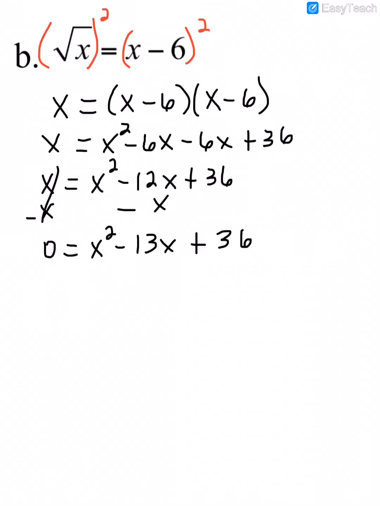So I need to solve this, and this is a polynomial. And so I'm going to solve this by factoring. And this is a trinomial, so this would factor into two binomials, x and x.